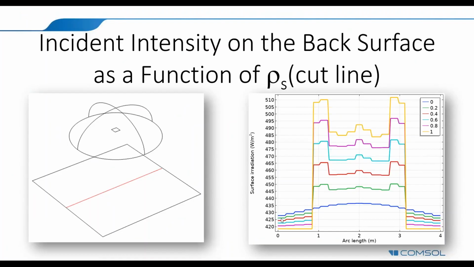So we see that for a purely diffuse mirror, it's a very flat and diffuse profile, and for higher values of ρS, so the more specular it is, the sharper the distribution is, and clearly we can predict that the heating will be very different between these cases.